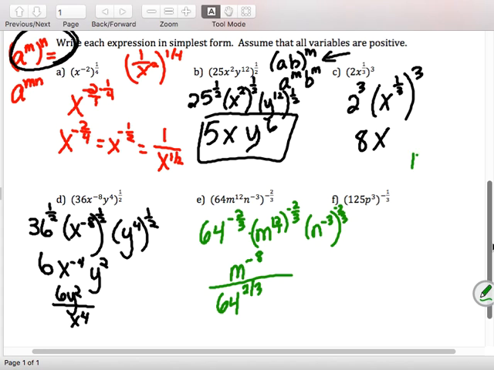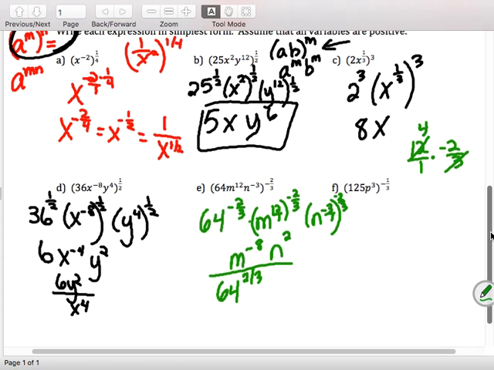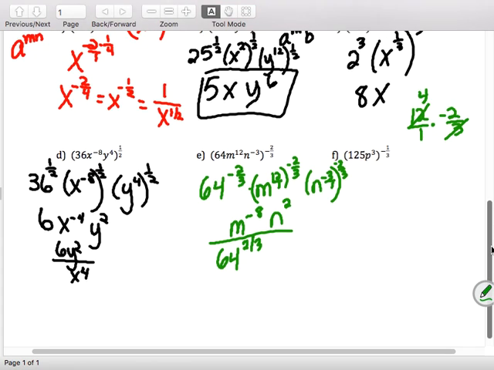Maybe I can do that off this side. 12 over 1 times negative 2/3. 3 goes into 12 4 times. 4 times negative 2 is negative 8. Here, the 3's cancel, the negatives cancel, and that's n squared. It's positive. So that n isn't going to move. But watch what I'm going to do here. And watch this, guys.